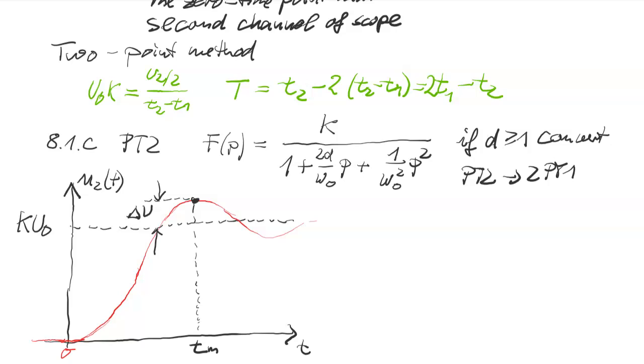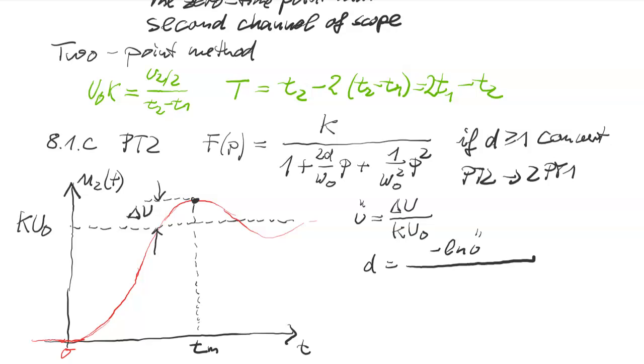I just repeat the equations we have discussed also in Control Systems 1. First, the relative overshoot is delta U divided by the final value, K times U sub O. And we have an equation where this relative overshoot is only depending on the damping factor, and with mathematical equations we can exactly find the relation between the overshoot U and the damping factor.